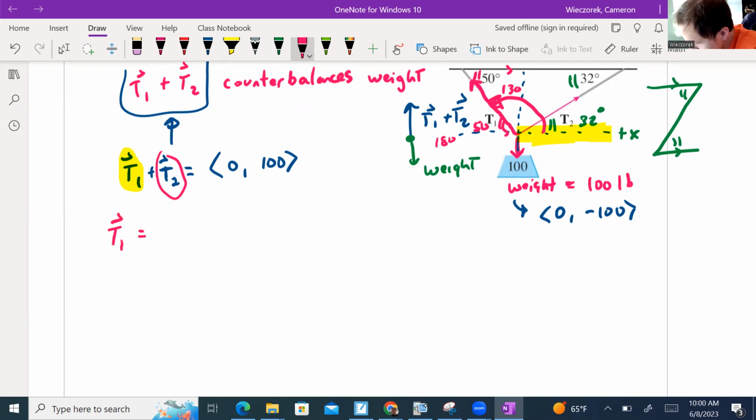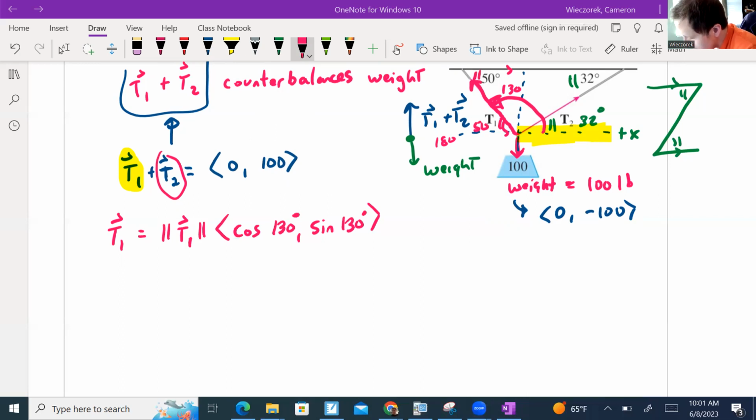So T1 is going to be magnitude T1 times the cosine of 130, sine of 130. I'll just leave it as 130. So there's my first one.